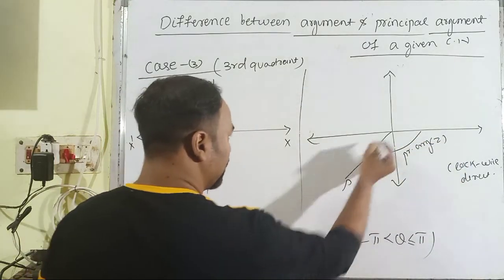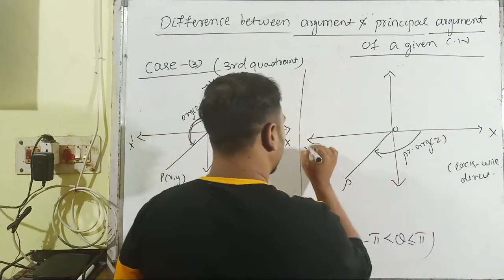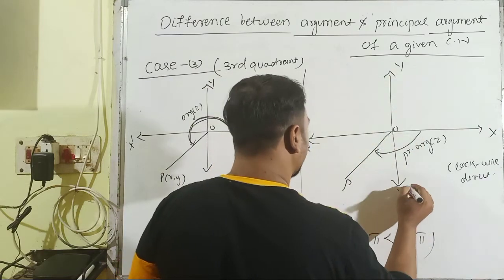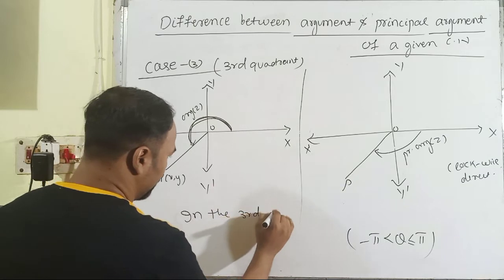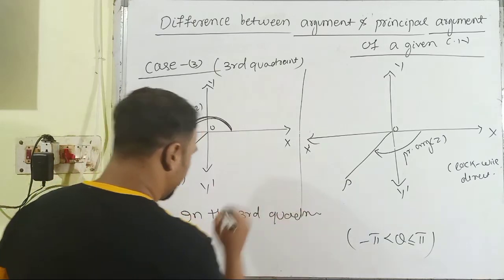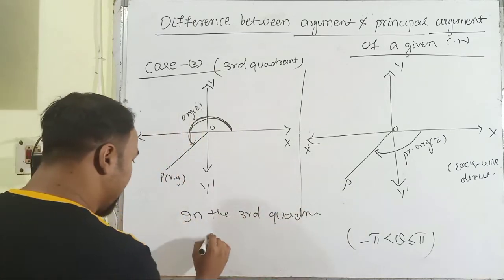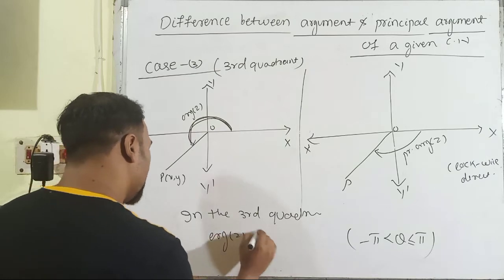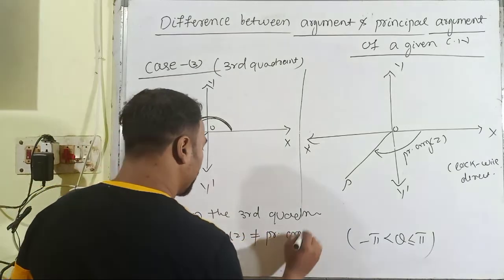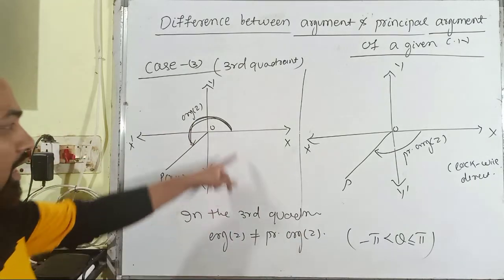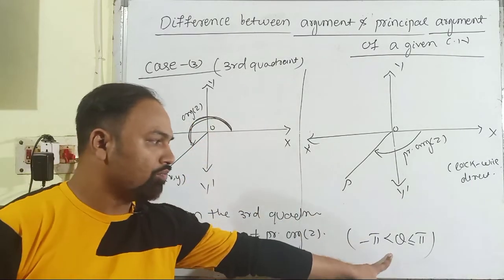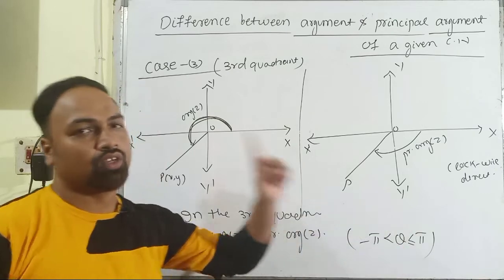That means in the third quadrant, argument of z is not equal to principal argument of z, because it is not satisfying the condition of minus pi less than theta less than or equal to pi.